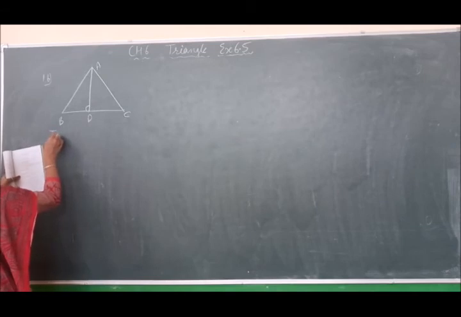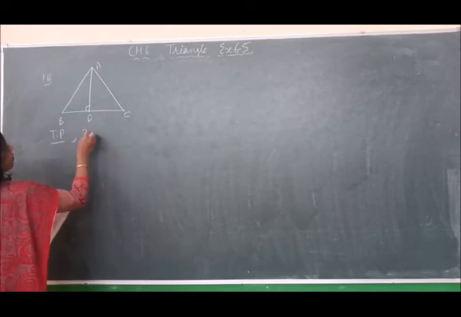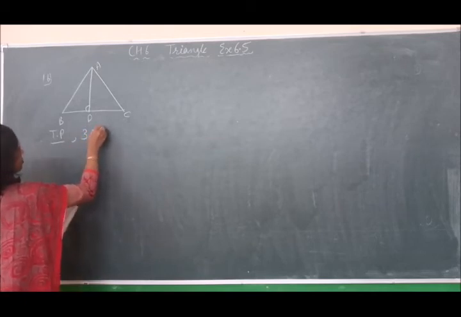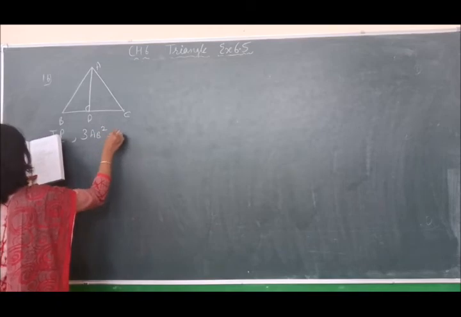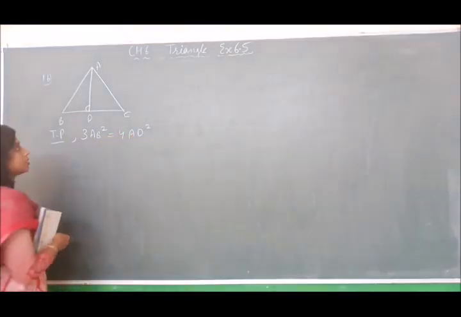So we have to prove 3 times any one side, let it be AB square, is equals to 4 times the square of its altitude. We have to prove this result.